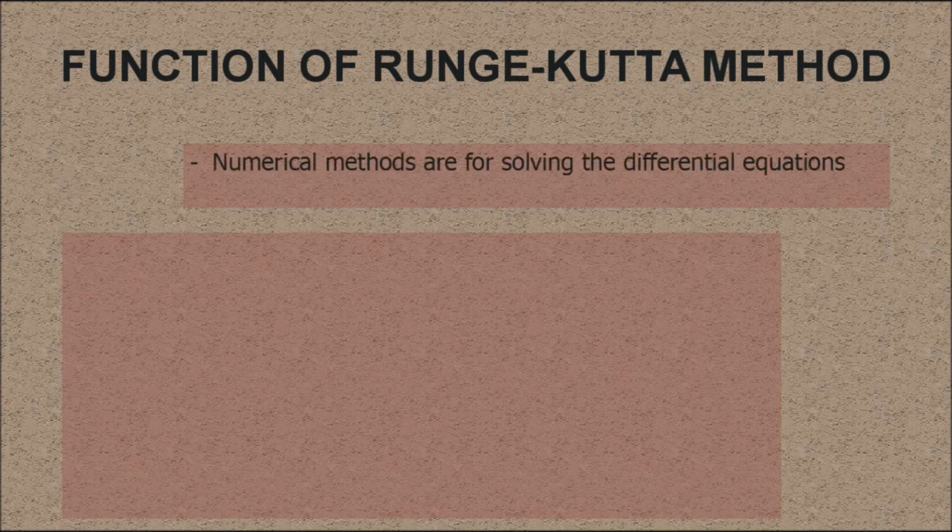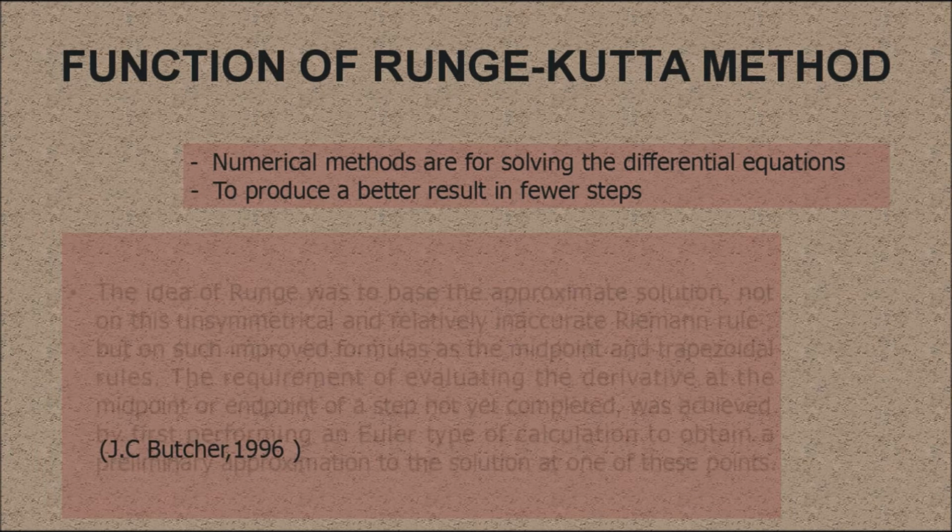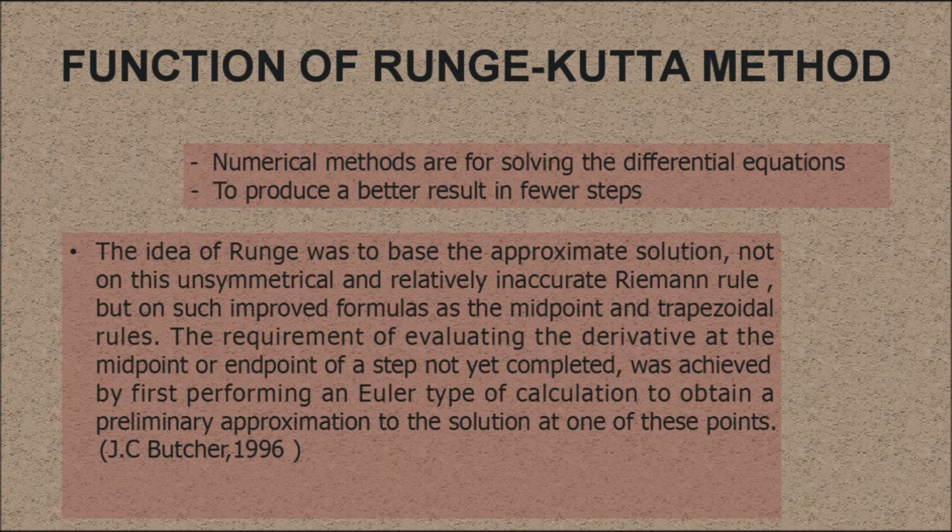From learning about the history, we are able to know and identify the general function of the Runge Kutta method. The Runge Kutta methods are basically numerical methods for solving the differential equations and are said to produce a better result in fewer steps. J.C. Butcher stated that the idea of Runge was to base the approximate solution not on this unsymmetrical and relatively inaccurate Riemann rule, but on such improved formulas as the midpoint and trapezoidal rules.